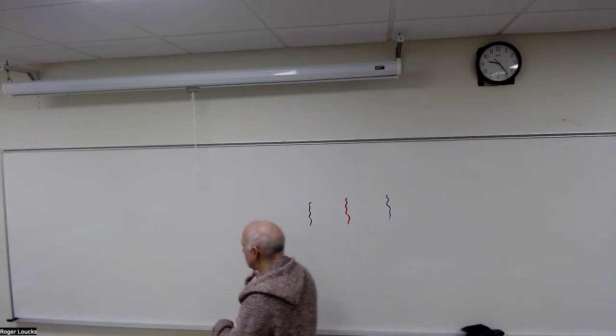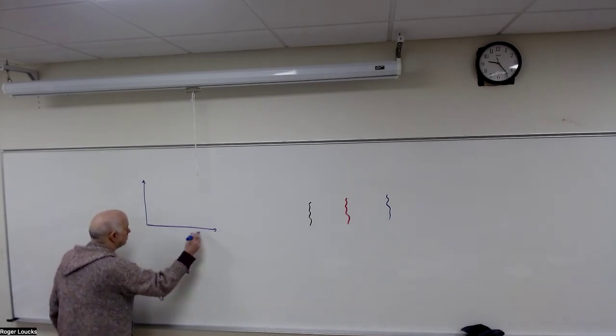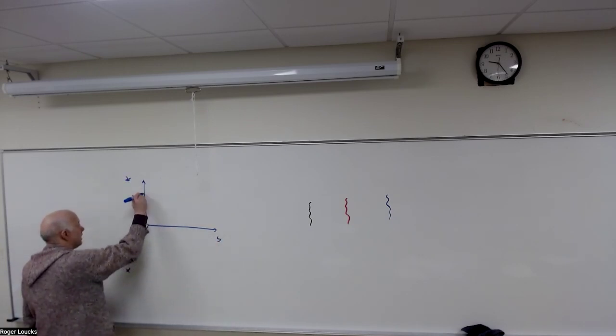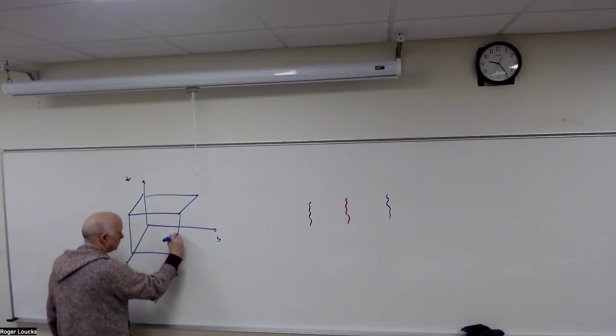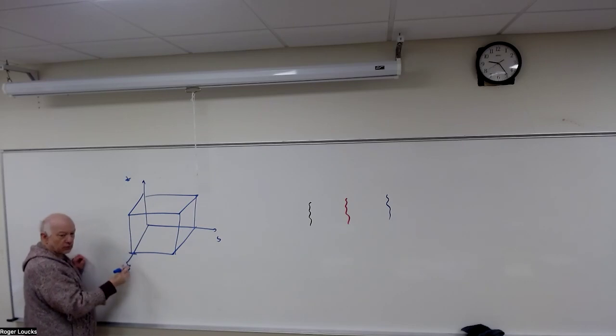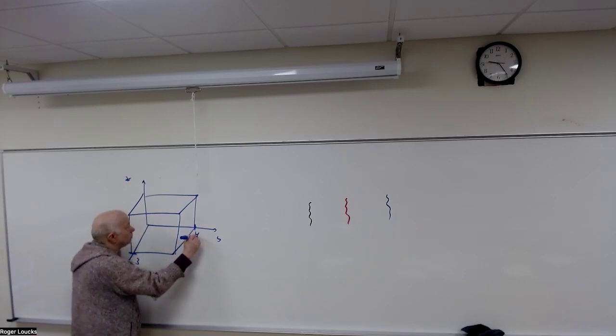Okay. So we looked at a problem like this. This is x, y, z. And we had a little rectangular solid here. Tell me what the sides are, because I don't remember. 3? Yep. 4? Yep. 2?